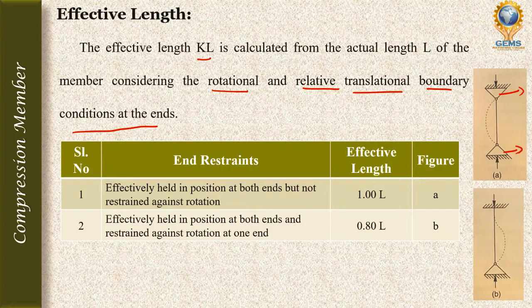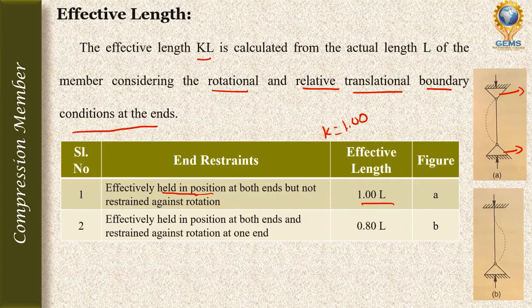It can rotate, but translation is fixed. It is held in position. It cannot move, but it can rotate. So in that condition, your K value is equal to 1, so your effective length is equal to 1 into L.